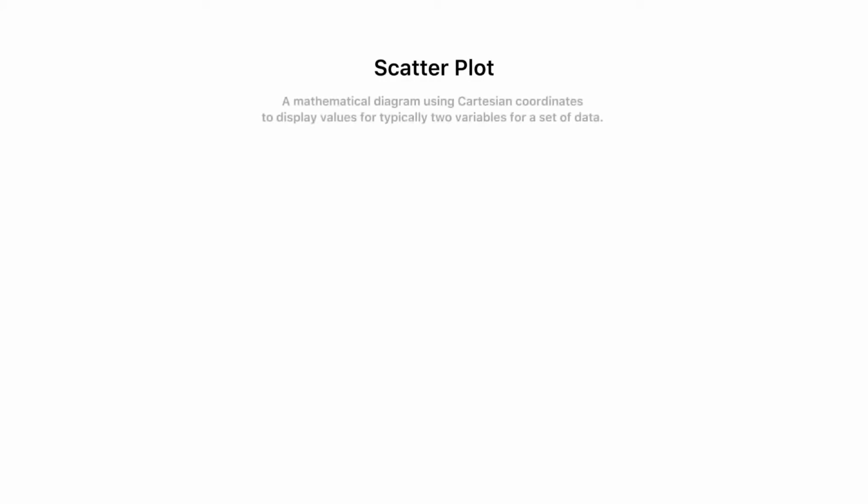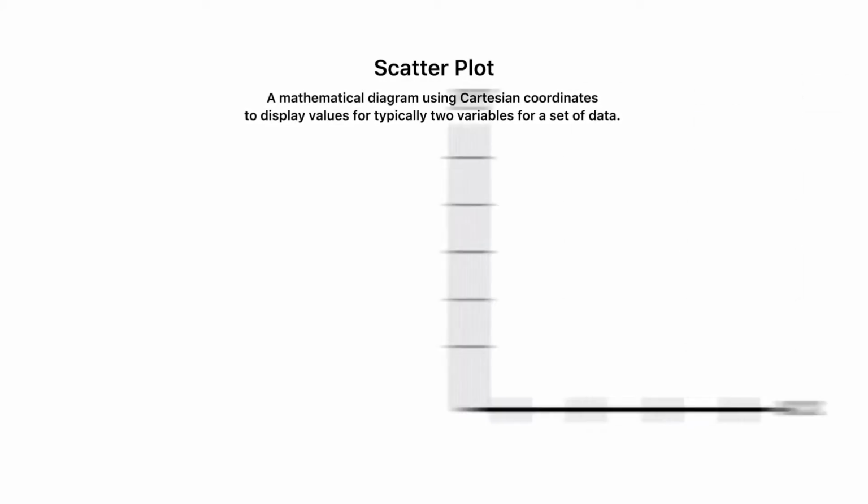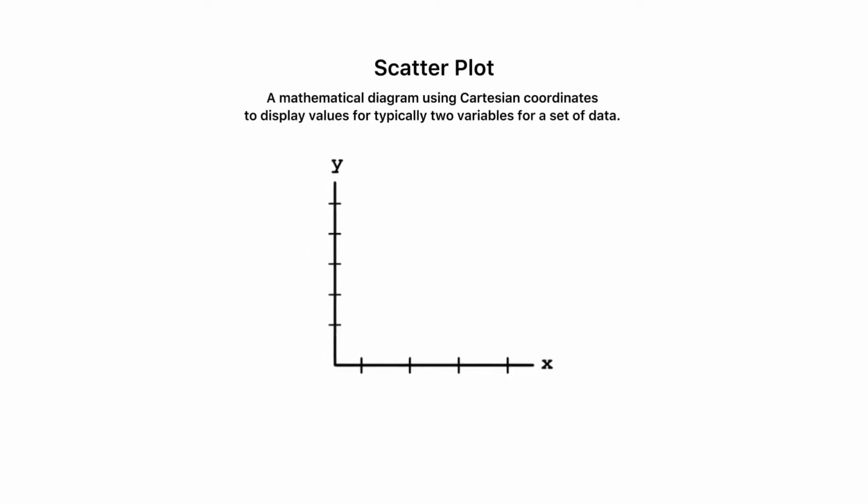Seventh, scatterplot. A scatterplot is a mathematical diagram using Cartesian coordinates to display values for typically two variables for a set of data. It is used to see whether there is a relationship between an independent variable and a dependent variable. For example, you want to know the correlation between the size of a project and the defect per size.